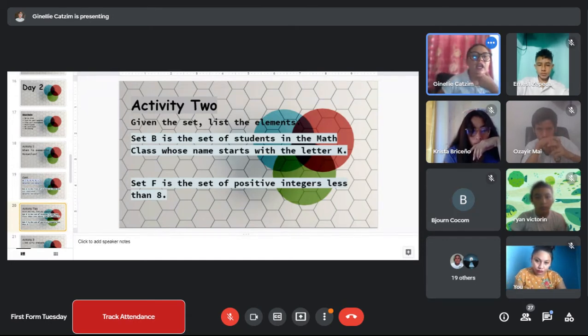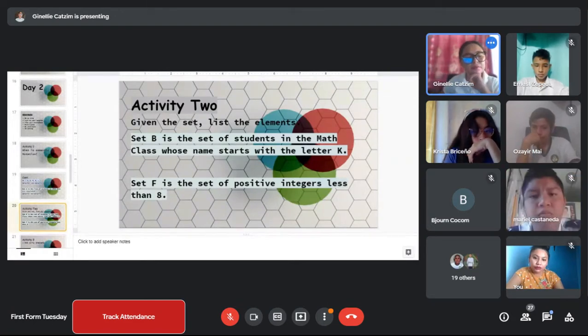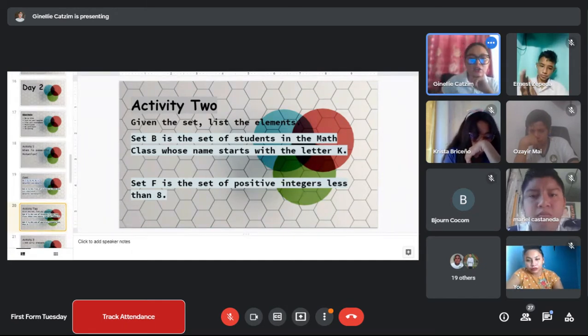Now, for set F is the set of positive integers less than 8. I will list the elements for that one. Can we list the elements for set F? I want to see in the chat box what do you guys think about set F is the set of positive integers less than 8.